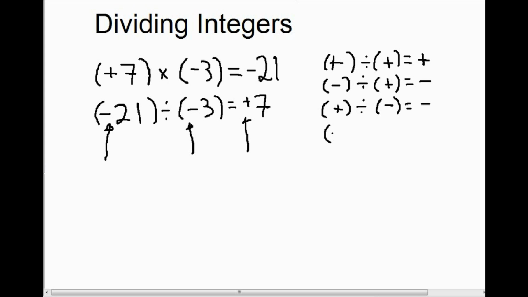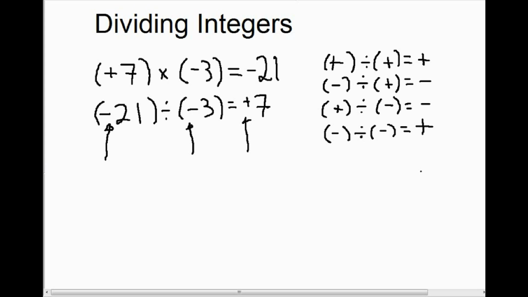Now, these rules should look familiar because the rules for division are exactly the same as the rules for multiplication. So the nice thing about this is you don't have to memorize a separate set of rules for division. They're exactly the same. And once again, I have to point out, division and multiplication is a lot different than adding and subtracting.